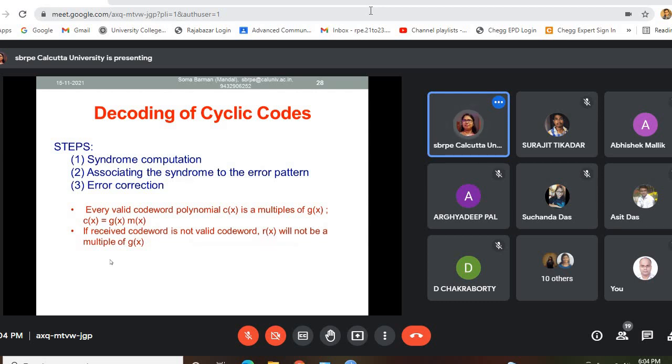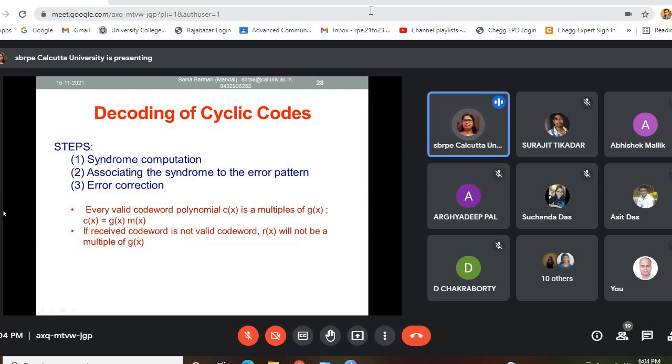C(x) is G(x) times M(x). For non-systematic, we found it by the convolution of the message vector and the generator vector or generator matrix. So in polynomial form we can write that C(x) is a multiple of the generator polynomial.